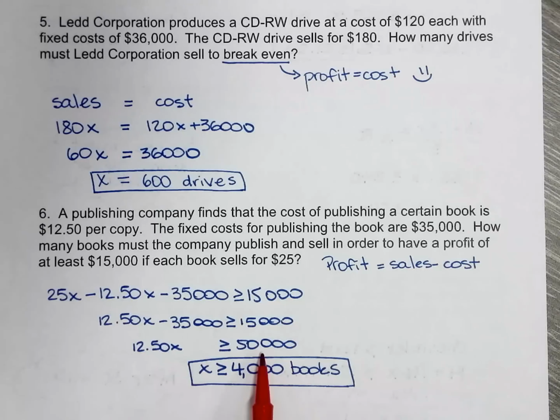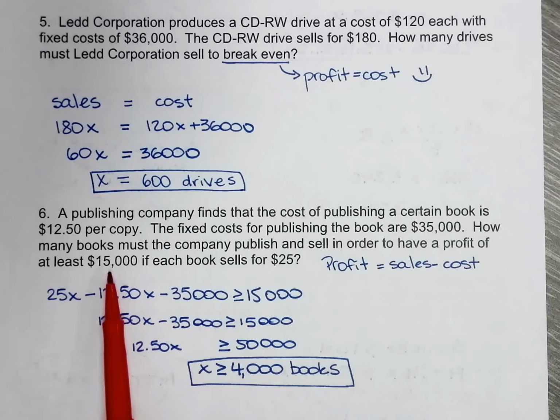I have 50,000 because 15 plus 35 is 50. Divide both sides by 12.50. I got 4,000 books. So at 4,000 books, you have the profit of $15,000. If you sell more books, you will make more than $15,000. That's it.